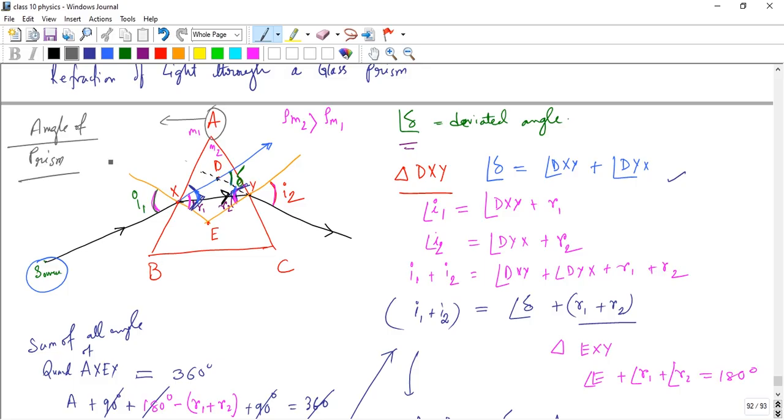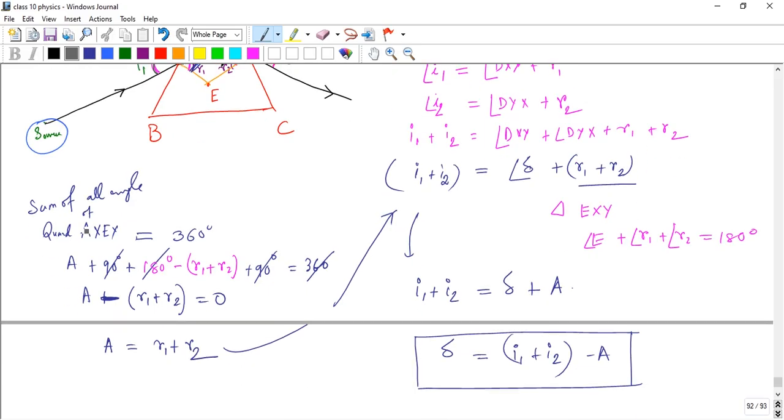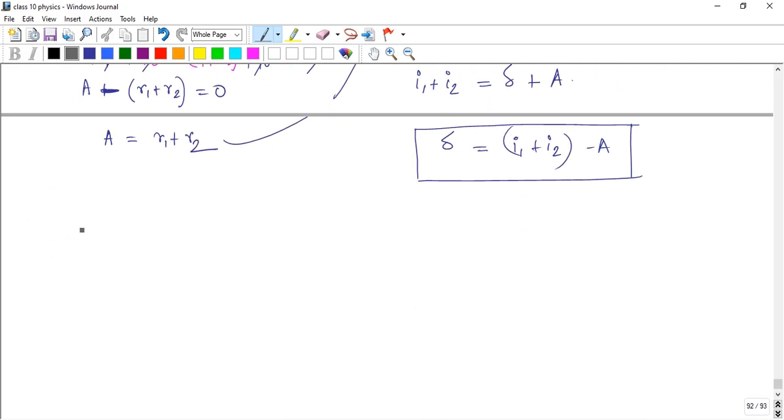Now next part. So now we derived the delta, and now the factors affecting the angle of deviation.